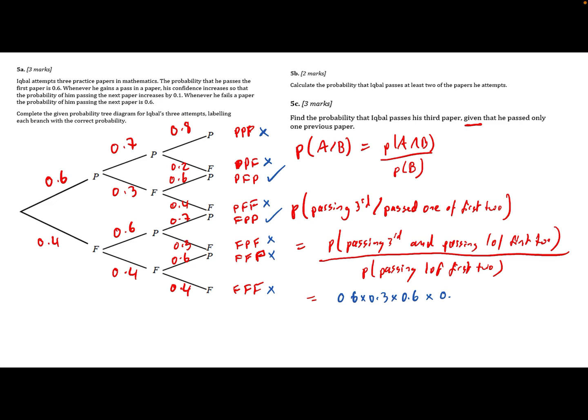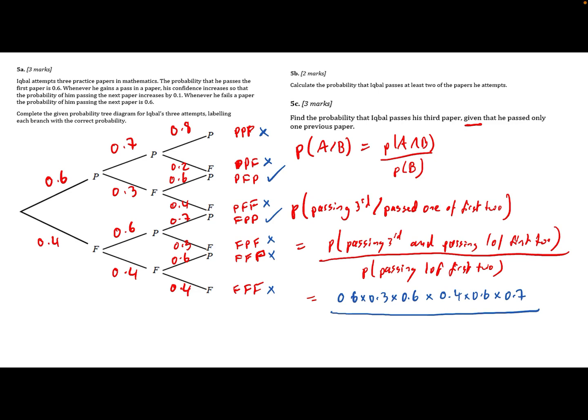is 0.4 times 0.6 times 0.7, over the probability of passing one of the first two. So where have we passed one of the first two?